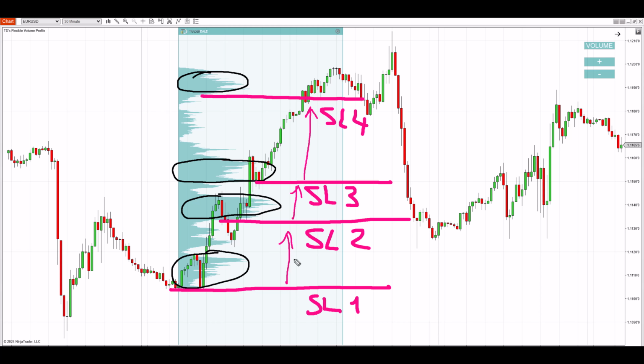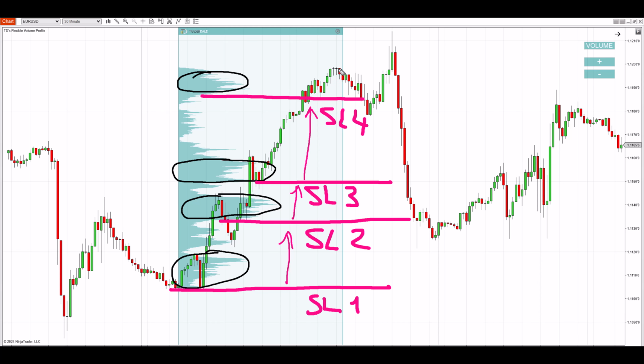Don't base it on a fixed amount of pips, because it will always be too wide or too tight. But in this case, this is a logical approach where you'll place your stop loss based on market volatility and based on volumes. And the reason why I'm placing the stop losses behind the volumes is that those volumes represent barriers, right? And the price shouldn't go past the barriers.